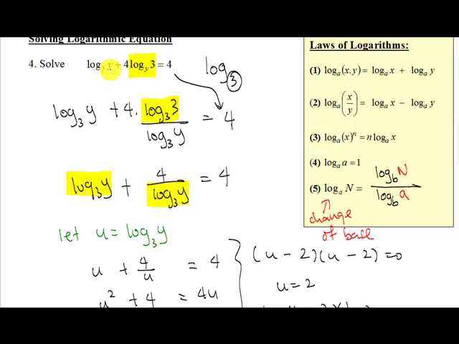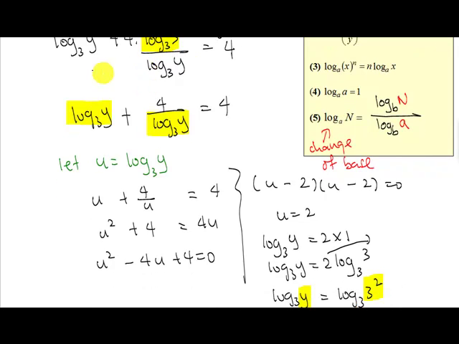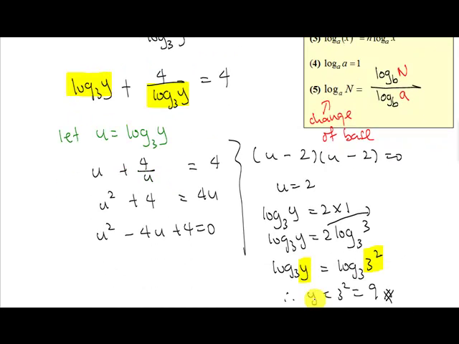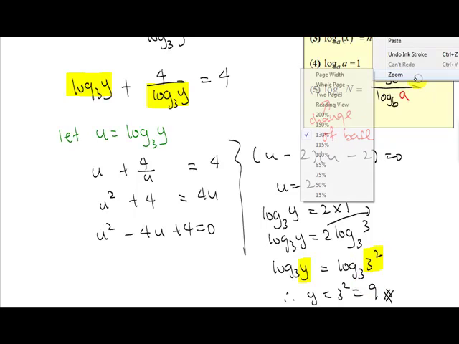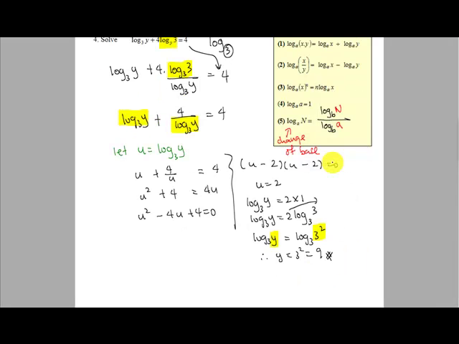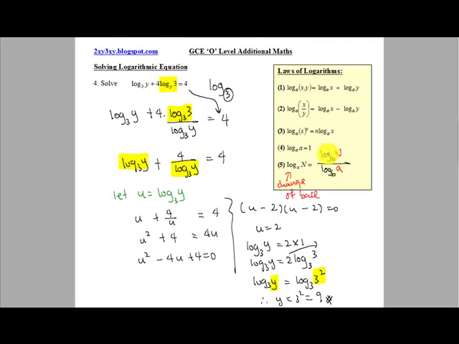If y is 9 here, no problem, 9 is greater than 0. If you have a base of 9, no problem as well. Therefore, y equal to 9 is a valid answer. This is the full solution of this question.